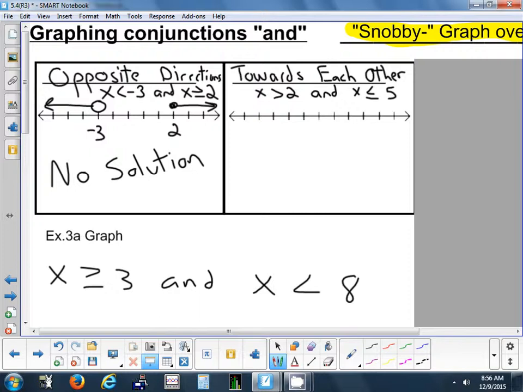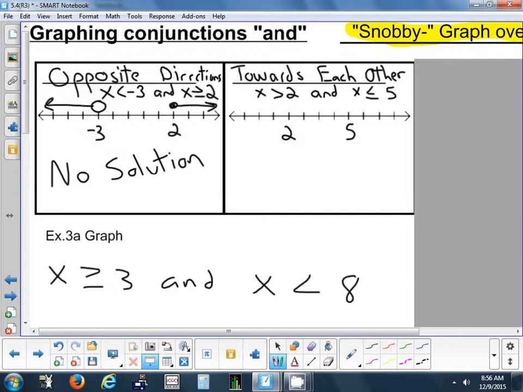Let's say I'll have 2 here, and 5 here. If I'm going to graph this, I'm going to have an open circle at 2 going to the right.